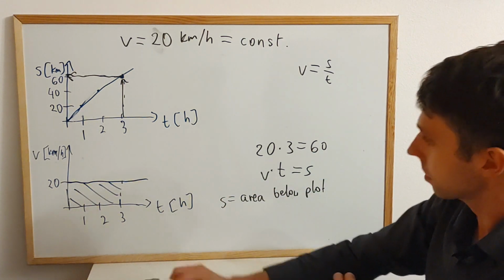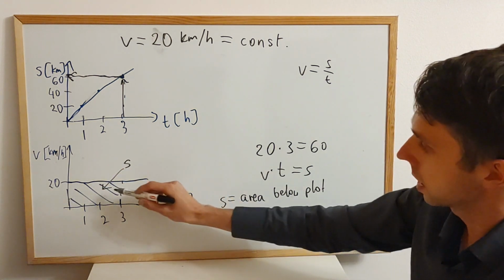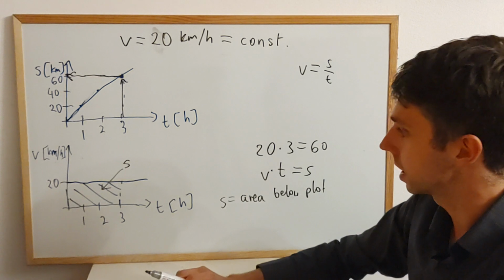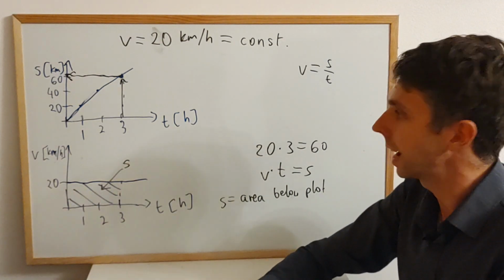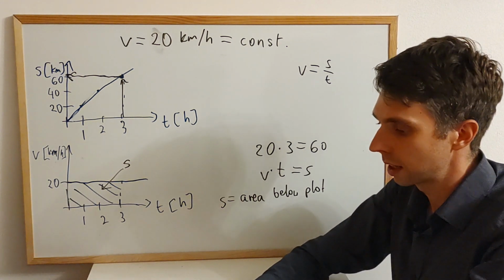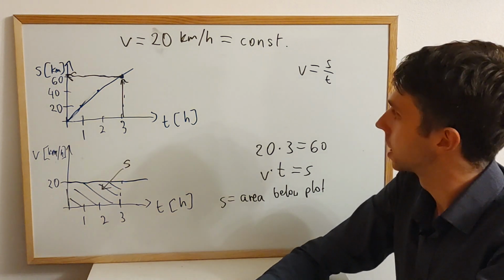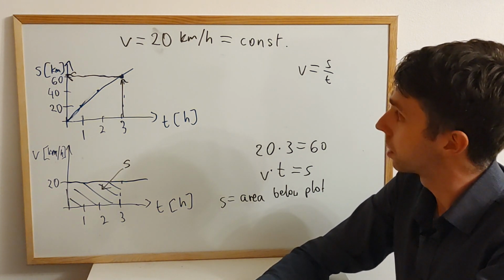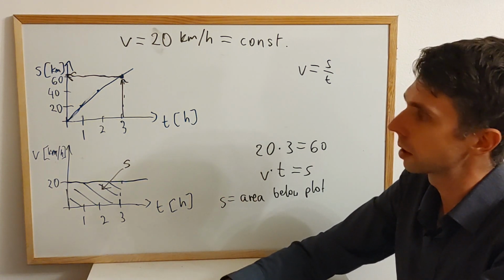So area is our distance, and this will remain true also for other motions, which we will discuss in our next lessons. But first we will solve some little problems regarding this motion with constant speed.